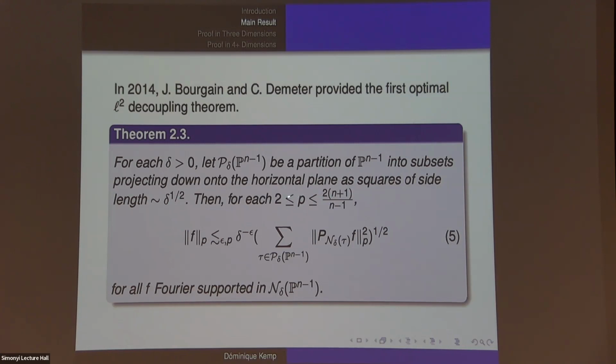Then for each p between 2 and 6, we have an honest L2 Lp decoupling inequality for all functions that are Fourier supported in the parabola. Now remember, according to symmetrical decoupling, we can extend this inequality to functions that are Fourier supported over the parabola across some line R.